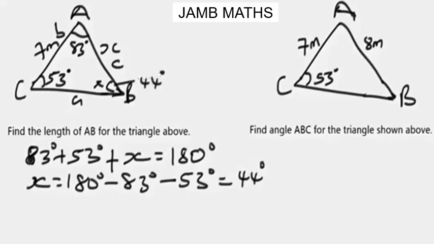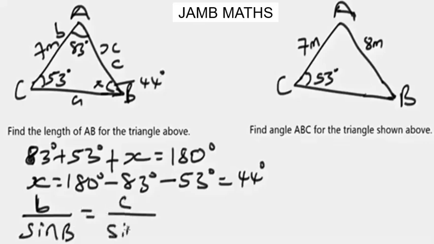Okay, now let's go ahead and find the length AB. To find the length AB, we're going to apply b over sine B equals c over sine C. Now note that we didn't make use of sine A because there is no value here. So let's plug in the values.